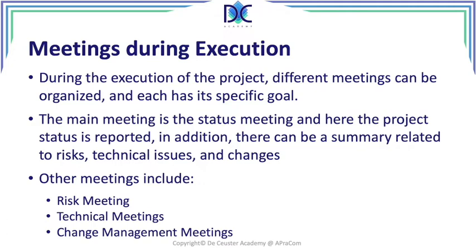Technical meetings are very important to move away from the status meeting, because the technical meetings can be done, let's say, in parallel by the people who have been assigned to resolve the technical issues, and the results can be reported to the team during the status meetings. Change management meetings are typically designed for change management, and here the change control board will look at the proposed changes.